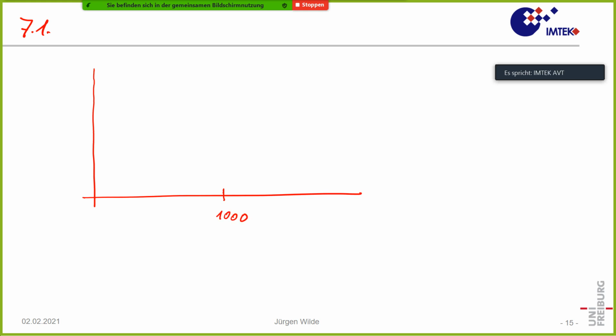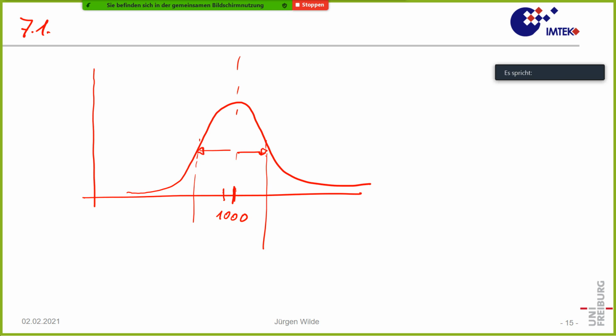So that device would be some shaft or something like that. Here is the 1000 Newton, and it has a standard deviation of S, which is 200.